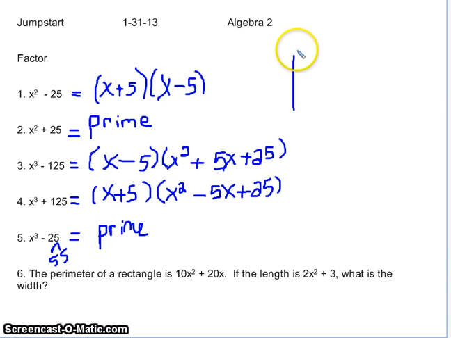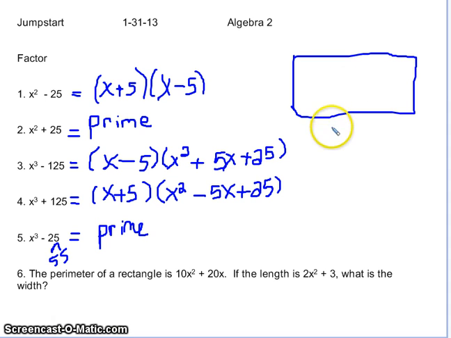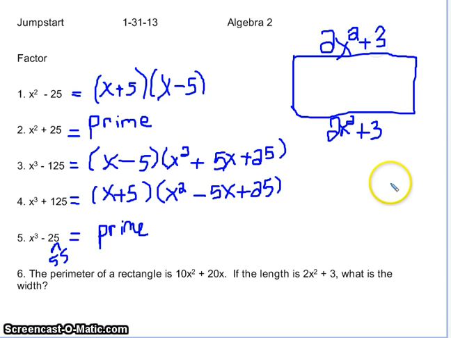If we draw our rectangle, and we know that our length is 2x squared plus 3, and this is 2x squared plus 3, then we need to find something that is going to equal a total of 10x squared plus 20x.